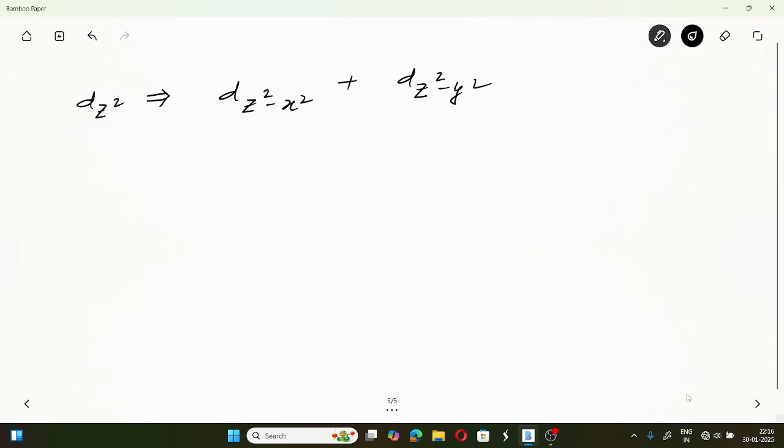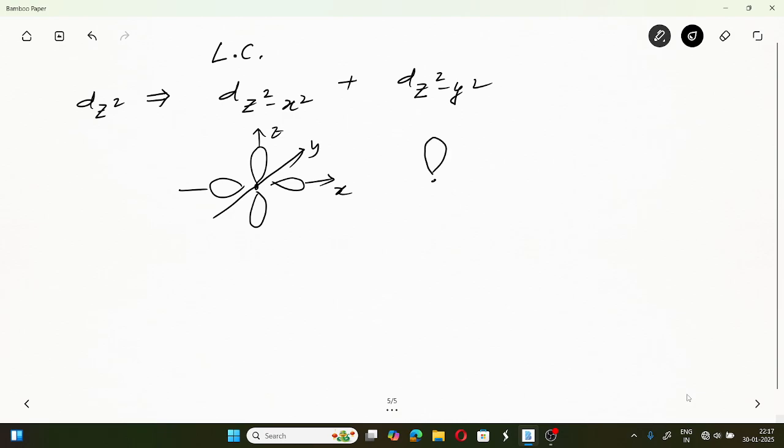So it can be considered to be made up of a linear combination of these two orbitals. So look at what dz square minus x square looks like, this dz square minus x square, this is the x axis, this is the y axis, and dz square minus y square.